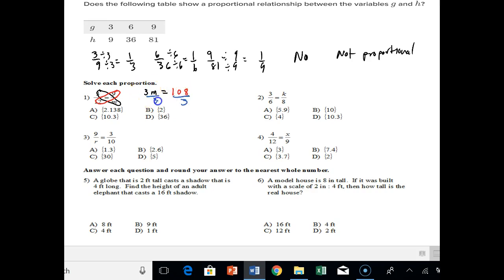I'll eventually tell you that these will cancel out. We'll get to that when we get to equations, but for right now, believe me, 3 divided by 3 is just 1, and 1 times a variable is just that variable. So m equals, and then basically you're just doing 108 divided by 3, and that gives you 36, and your answer is D.